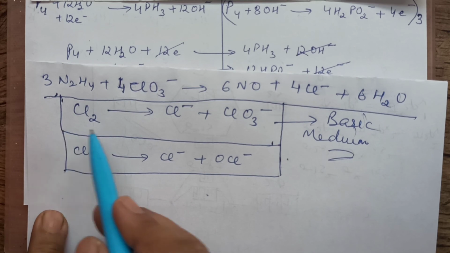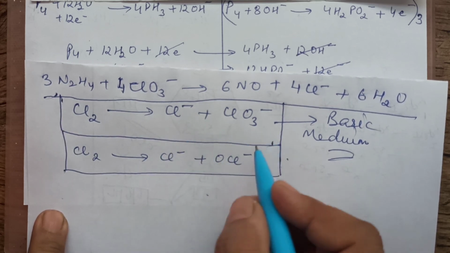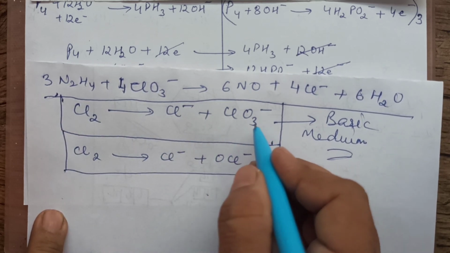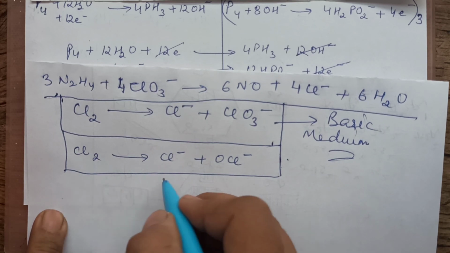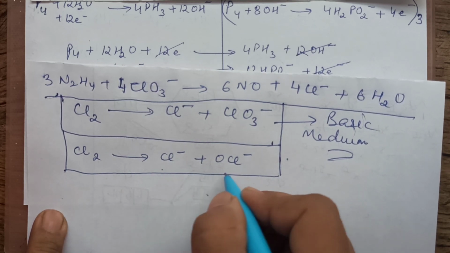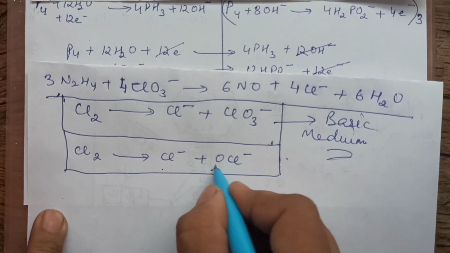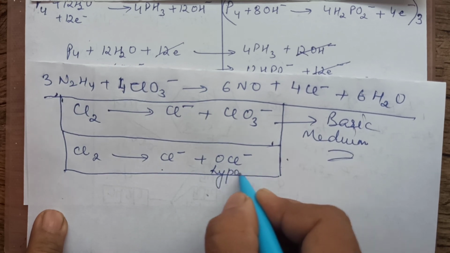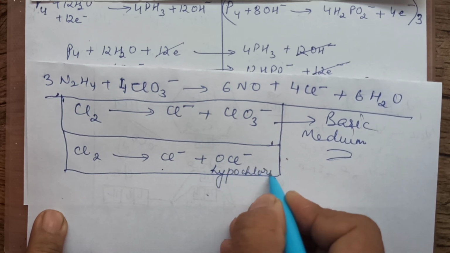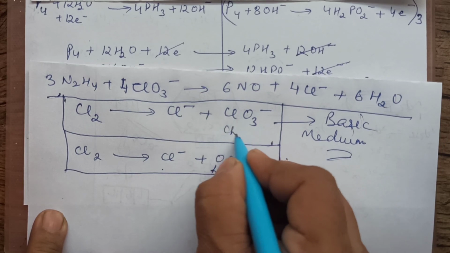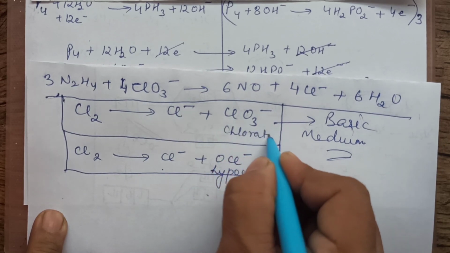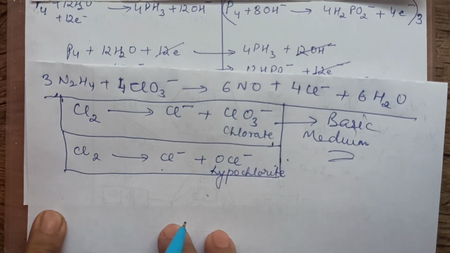This is chlorine forming chloride and chlorate ion. This is chlorine forming chloride plus hypochlorite. This is hypochlorite. This is chlorate ion. You will try balancing this.